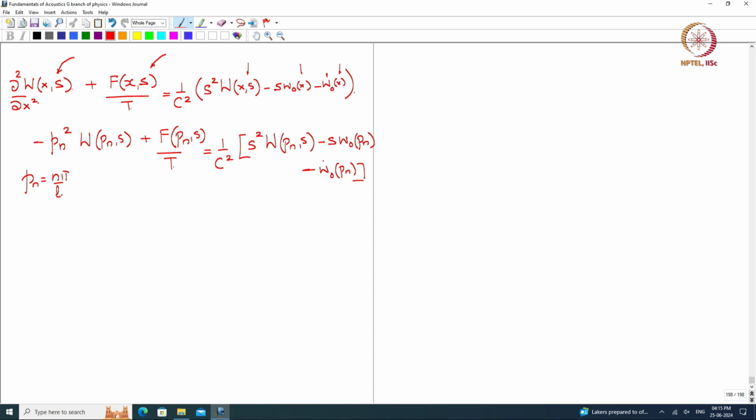So we multiply by c square, so I get minus p n square c square w p n s plus c square by t f p n comma s, that is equal to s square w p n comma s minus s w 0 of p n minus w dot 0 of p n.